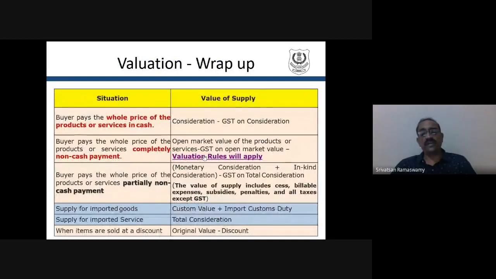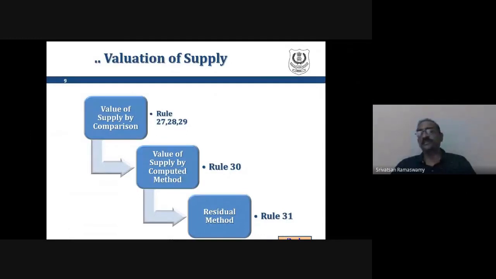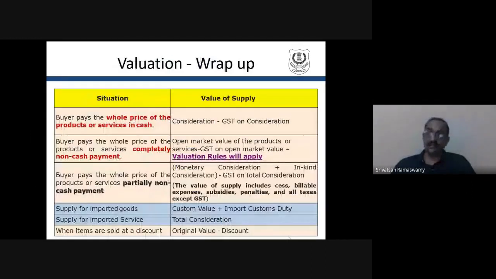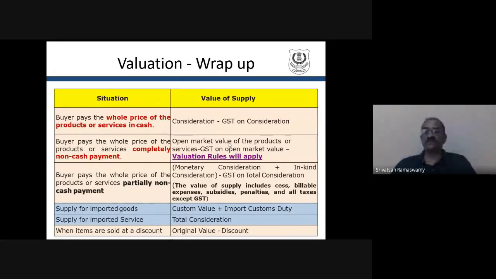So these valuation rules will become very handy when the consideration is a non-monetary consideration, whereas when the consideration is cash or directly monetary consideration, then I think you can straight away take whatever amount is paid or payable as the transaction value. There are certain situations where the buyer will give cash as well as a non-cash payment.